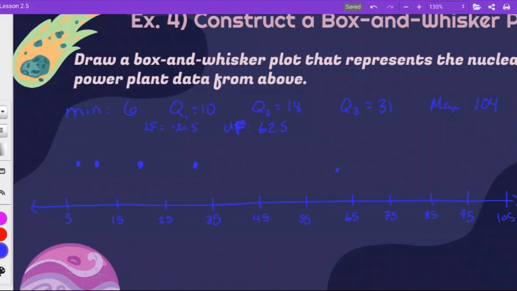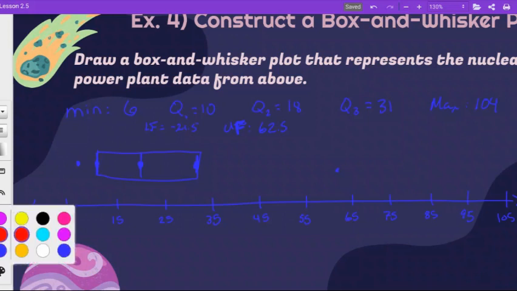So our box is Q1 all the way to Q3. And then we draw just a line there for the median. Okay, so if I label, this is Q1, Q3, Q2, and then this is your minimum, right? And you draw your whisker.